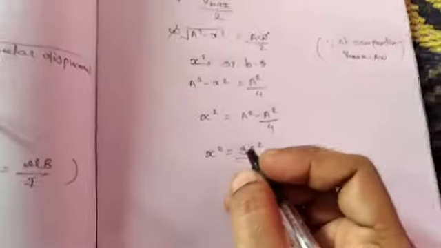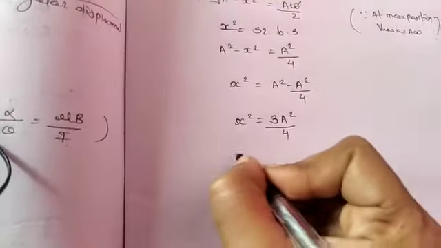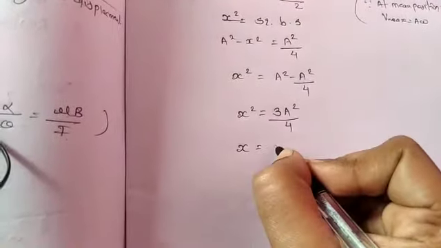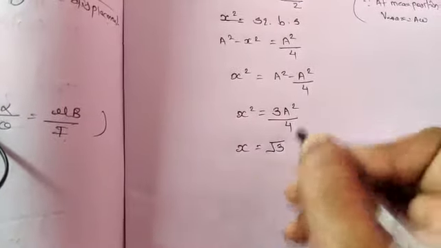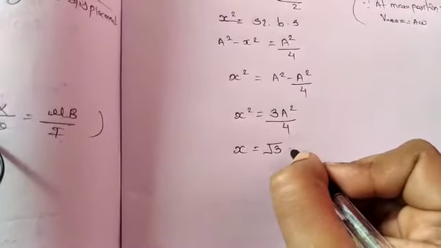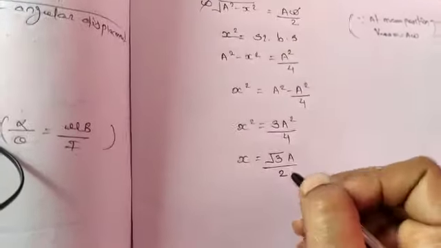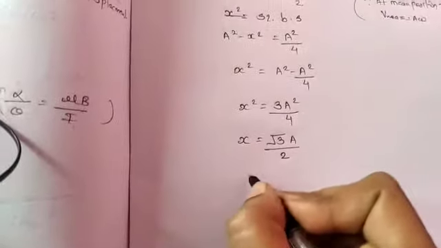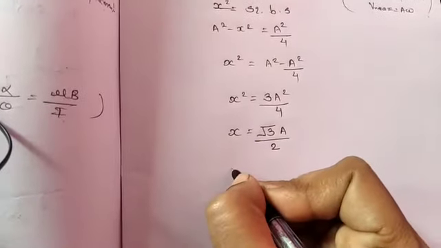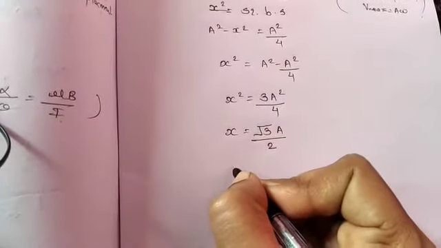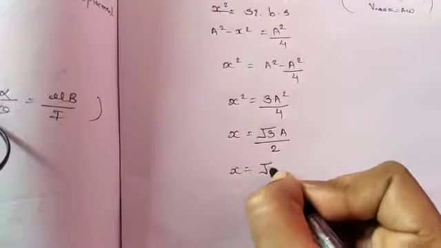Taking the square root, X is equal to root of 3 into A divided by 2.